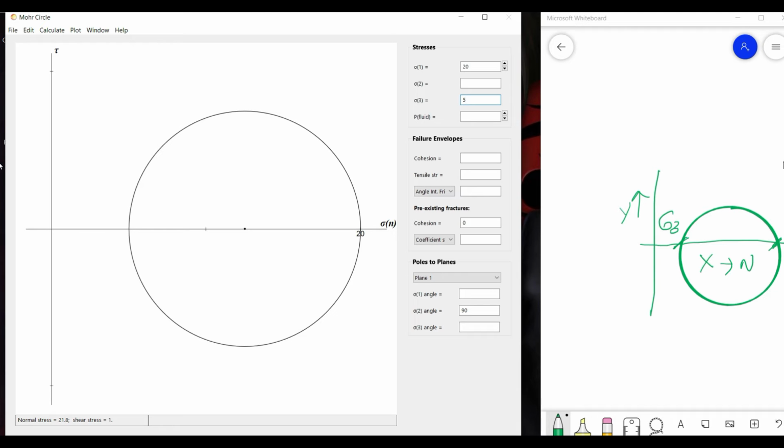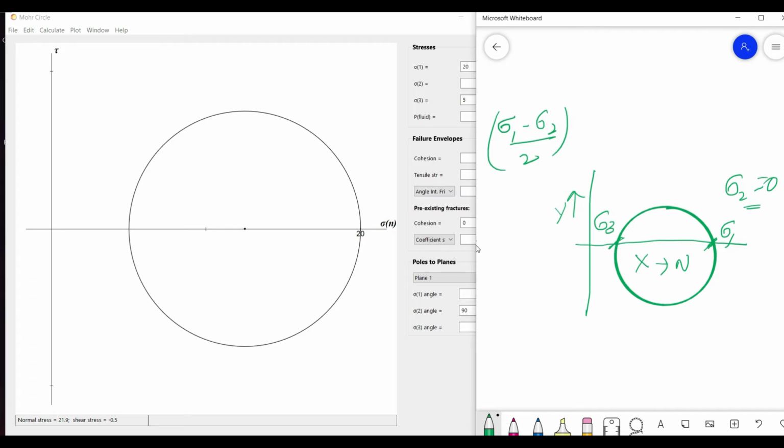The basics of this Mohr's circle are that the length of the radius is equal to sigma 1 minus sigma 3 divided by 2. I'll slightly maximize this. This one is your sigma 1 and this one is your sigma 3. So sigma 1 minus sigma 3 is the length of the diameter, and sigma 1 minus sigma 3 divided by 2, the diameter divided by 2, is your radius.